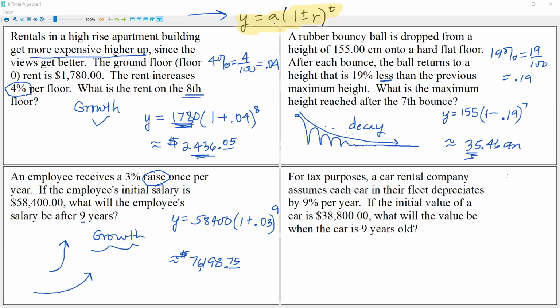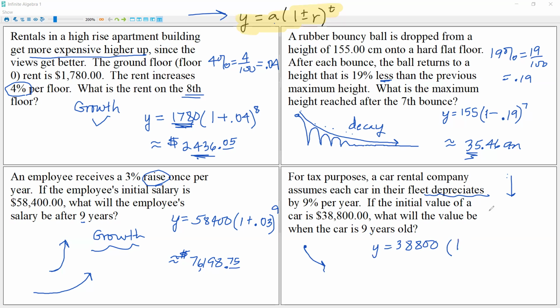All right, number 4, a car rental company assumes each car depreciates by 9% a year. If the initial value is 38.8, what's the value after 9 years? The word depreciates here tells us that it is decreasing in value. So the value might be here, but over time it's going to decrease. So y equals, we start at 38.8.